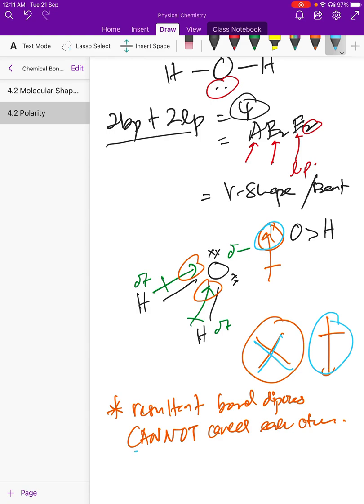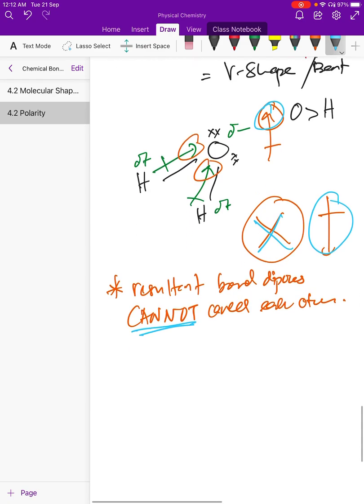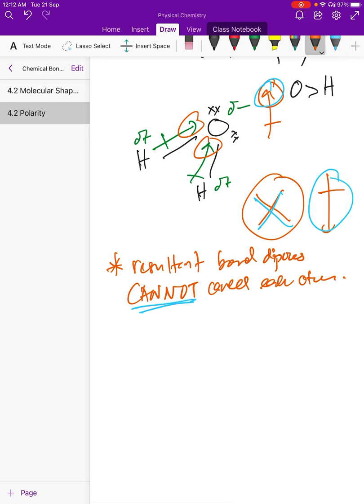So they cannot cancel each other. When they cannot cancel each other, our next conclusion is the dipole moment is not equal to zero. Dipole moment is not equal to zero because they cannot cancel each other. Therefore, our conclusion, H2O is a polar molecule.